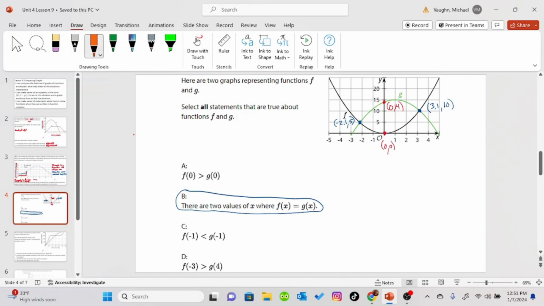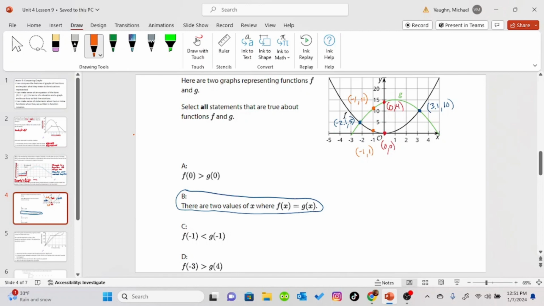C. f of negative 1, which is right here, and that looks to be about (-1, 1), is less than g of negative 1, which is right about here at (-1, 11).